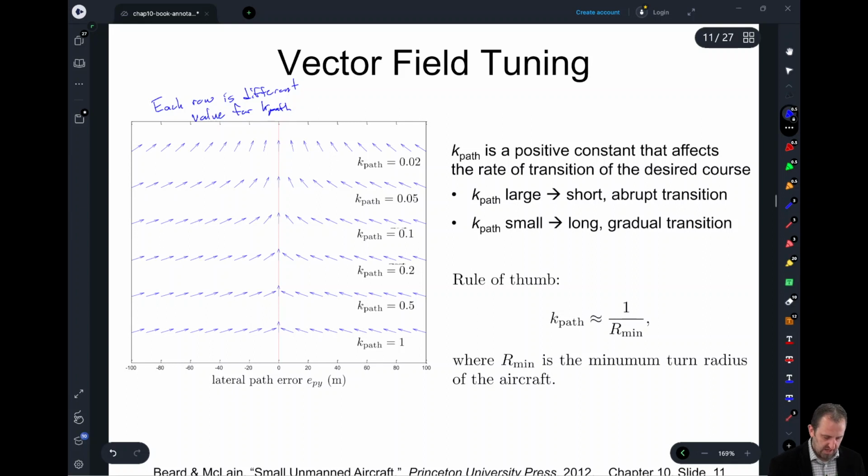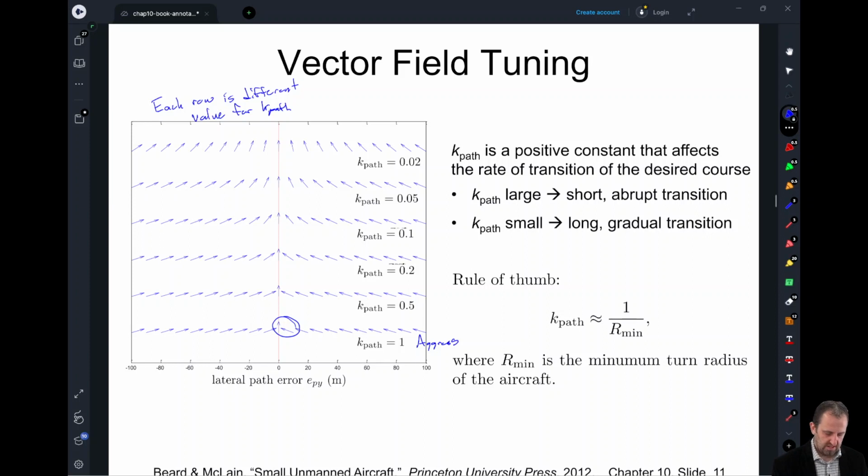Again, if we have something that's aggressive, see how this is really aggressive. Even as we get close, we're still pointing really close to our chi infinity.